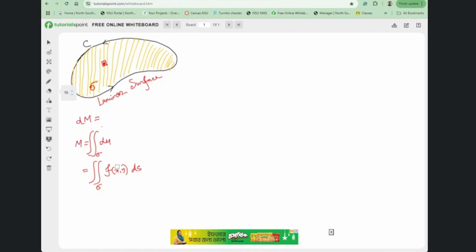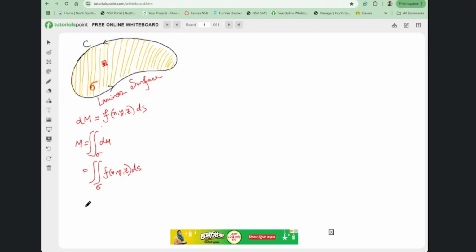We have to choose it as a function of x, y, z, where z is also a function of x and y.